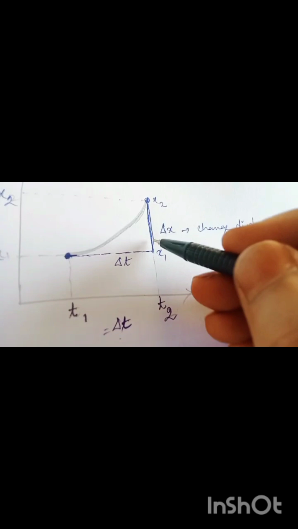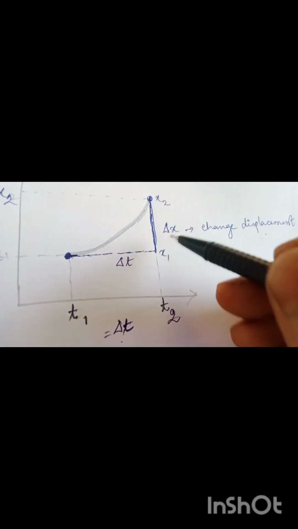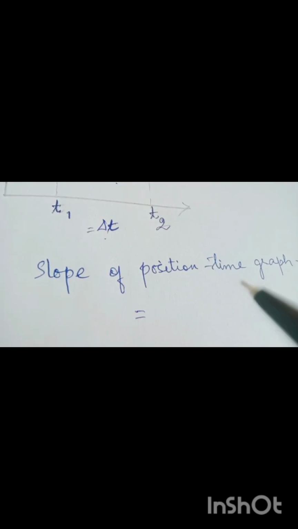Here the ratio of delta x by delta t is what? Velocity. So this becomes the slope of the position time graph. So the slope of the position time graph is equal to what?